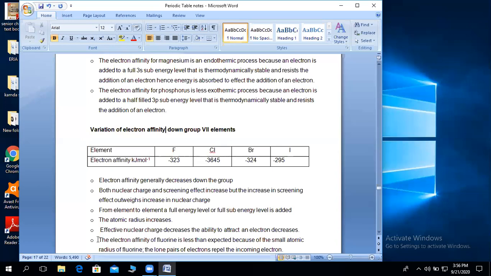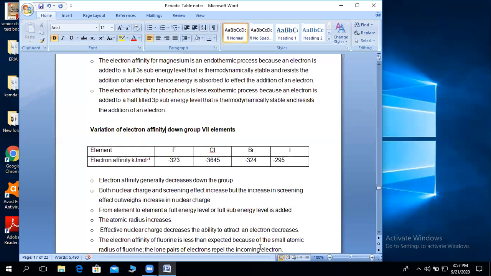And again, we are saying the electron affinity of fluorine is less than expected because fluorine is a small atom. So it being the first one in the group, it means it has the smallest size of the atom.